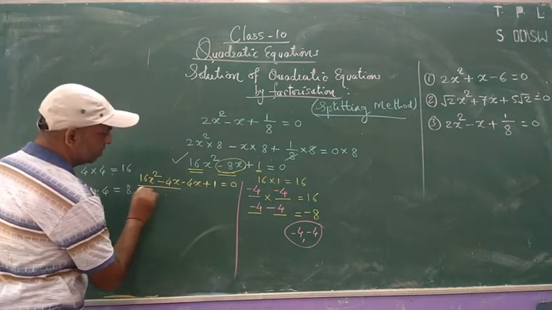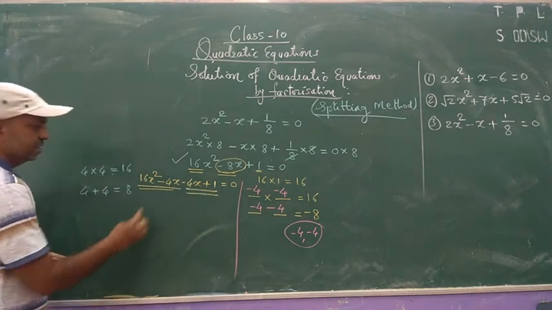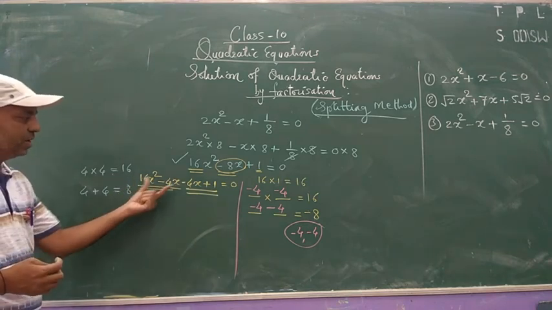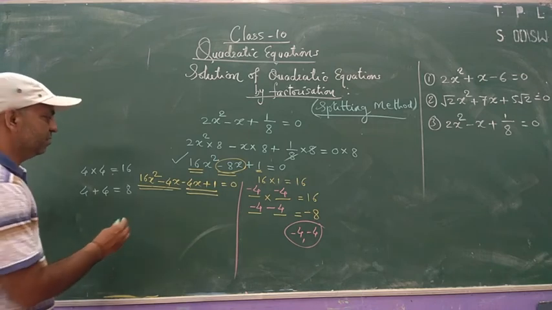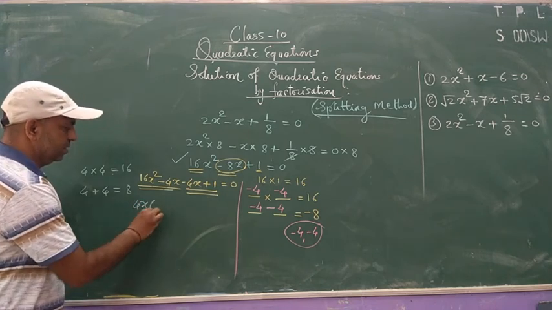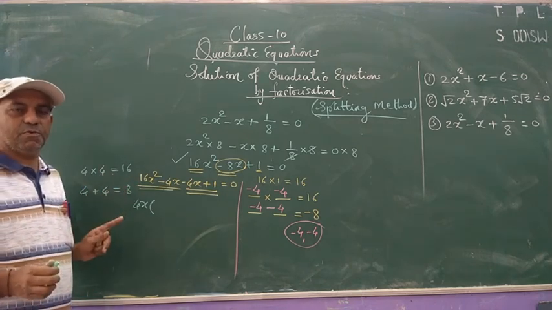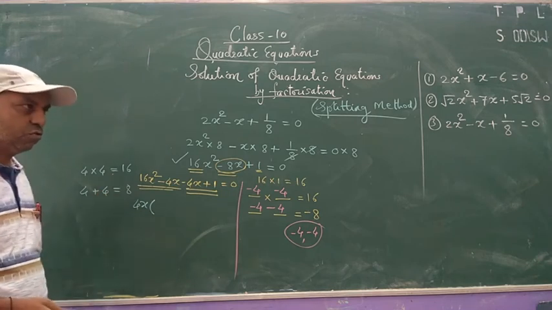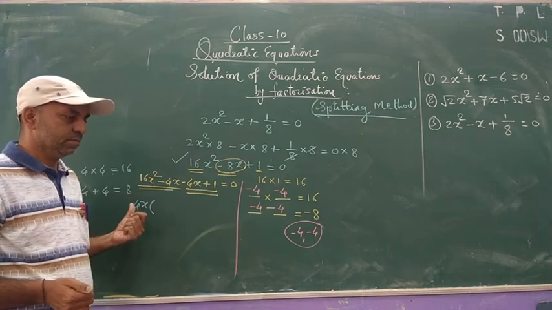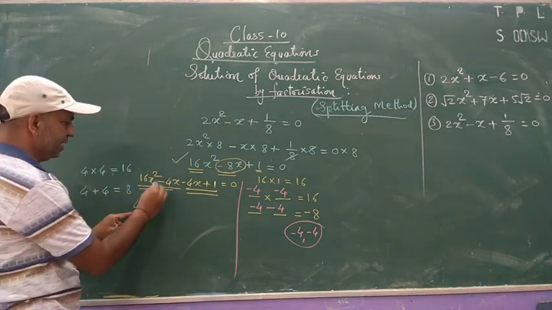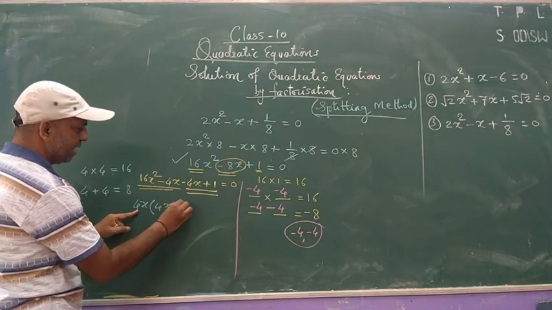Just make the groups like this. And अब इसका कॉमन क्या है? देखो इस फर्स्ट ग्रुप में कॉमन क्या है? That is 4x. तो अगर आप 4x कॉमन निकालेंगे तो it is 4x minus 1.